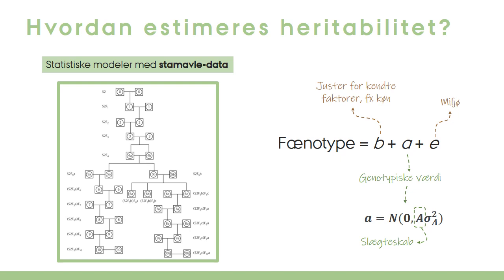This A matrix basically contains all the relationships between all the individuals based on the pedigree information that we have. Now, the agrobiologists have built one of these A matrices some weeks ago during one of the TU on Friday. So this is where it is, and we actually still use it. It's a very useful tool. Okay, this is the end of this part, so let's move on to the next lecture.